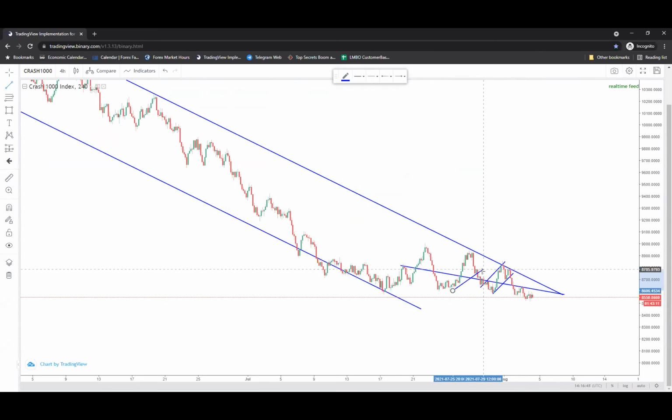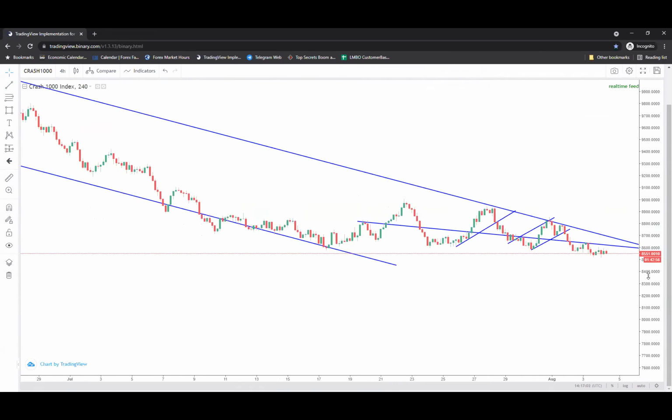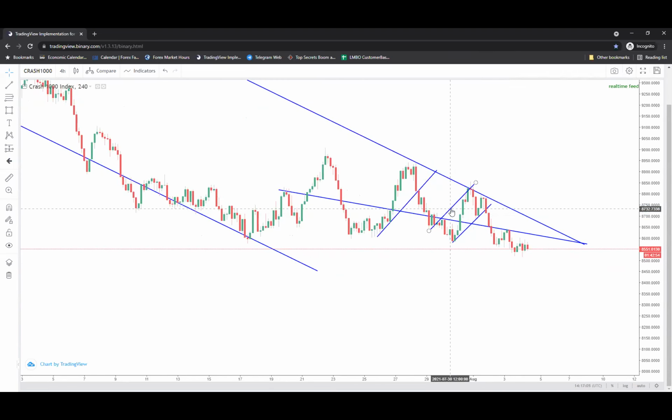But when it broke this trend line here, it tested this area and then took resistance from this trend line. So these are the trend line confluences you can play around.